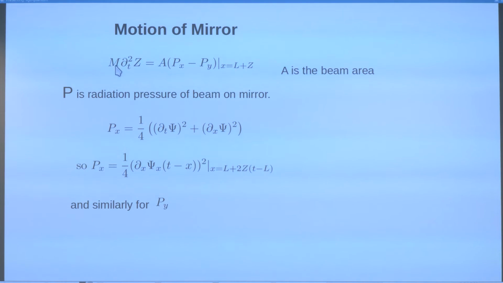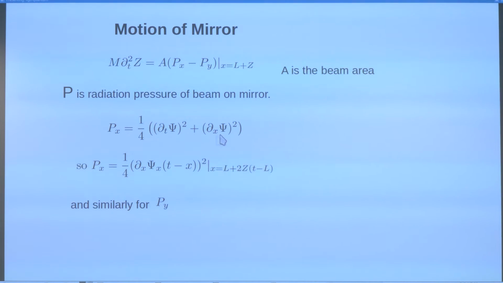This mass is 40 kilograms, let us say, is equal to the force on the mirror, the area times the pressure exerted by the light on the mirror. And that pressure is proportional to the energy density falling onto that mirror.